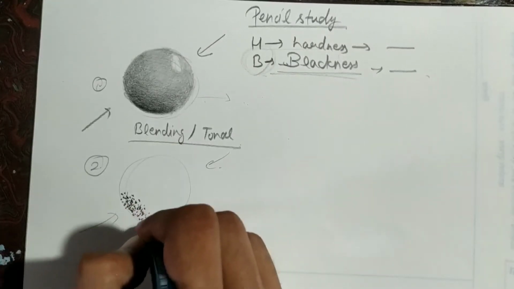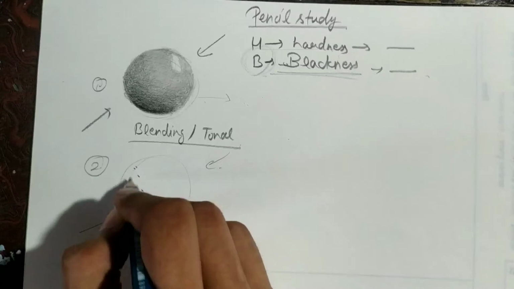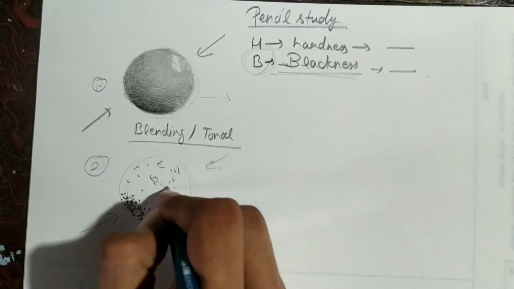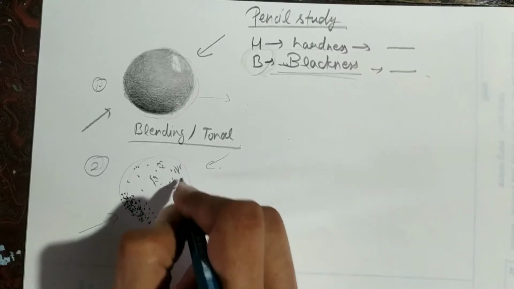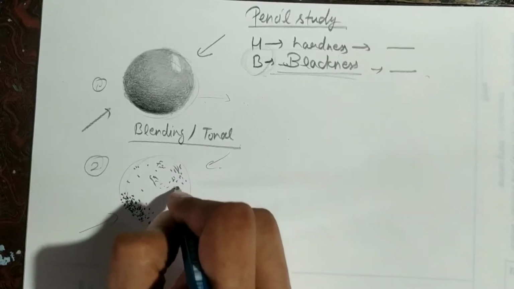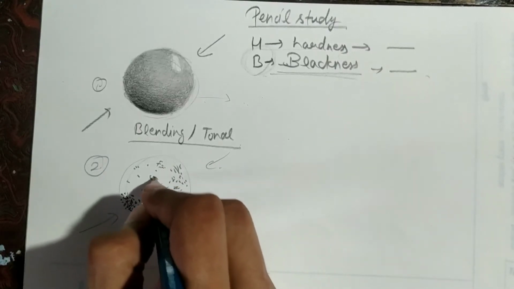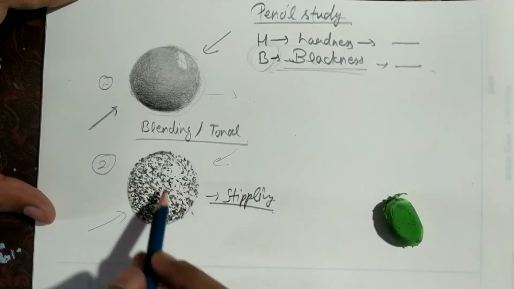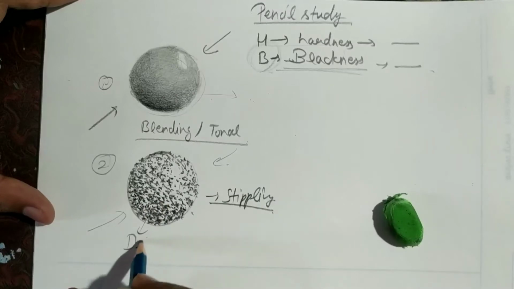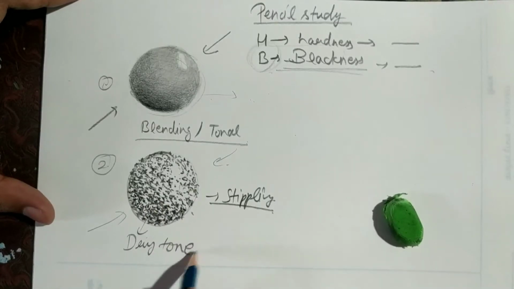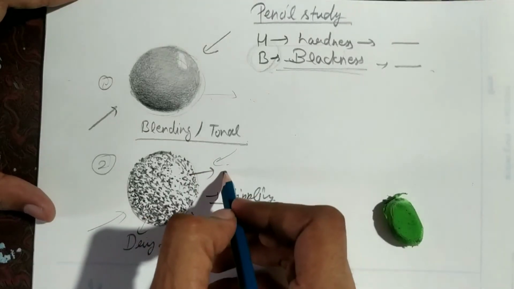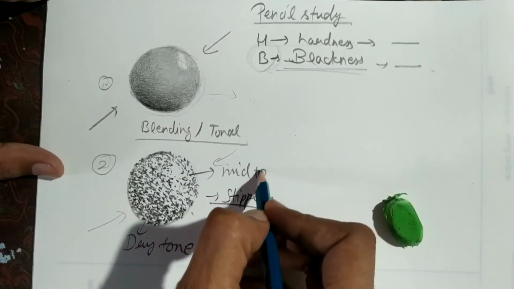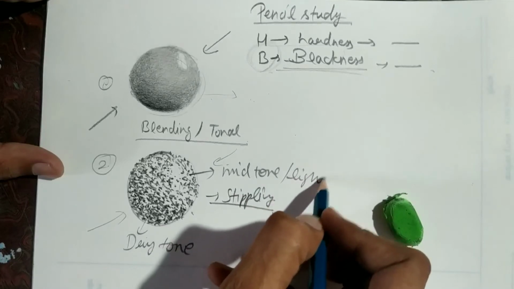it will provide a dark shade. If the dots are too far, it will provide a light shade. Like we can see here, the dots are too dense, which provides the dark tone, and if the dots are far from each other, it provides a mid tone or light tone.